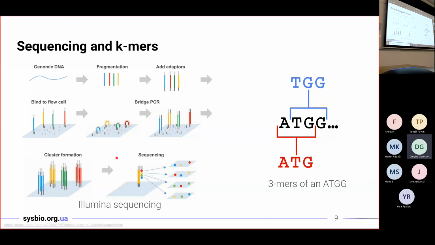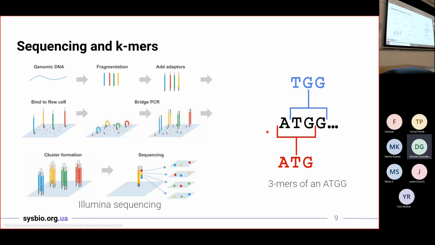That's why the concept of K-mers is widely used in computational biology. Here on the right-hand side, you can see an example of a 3-mer. A K-mer is basically a substring of a string of length K. So in the string ATGG, there are two 3-mers, ATG and TGG.